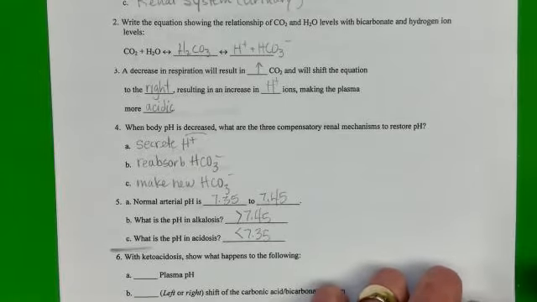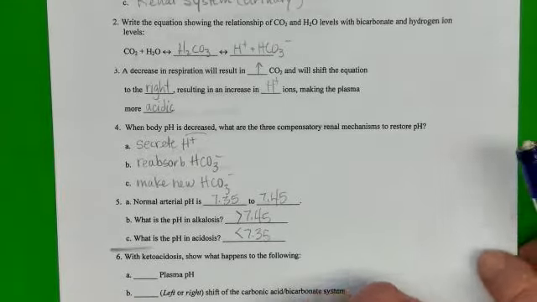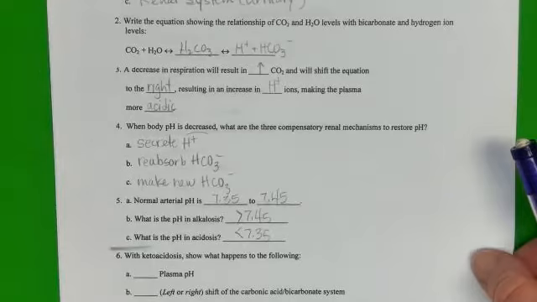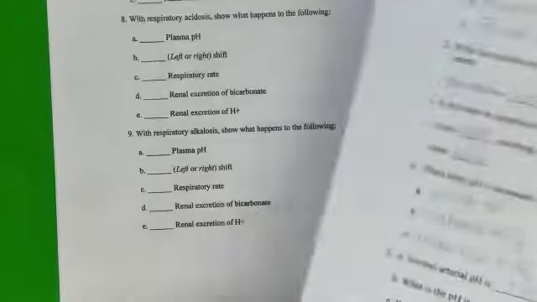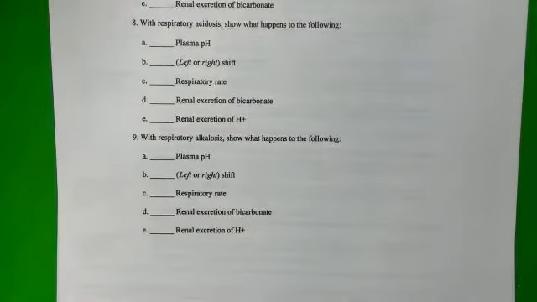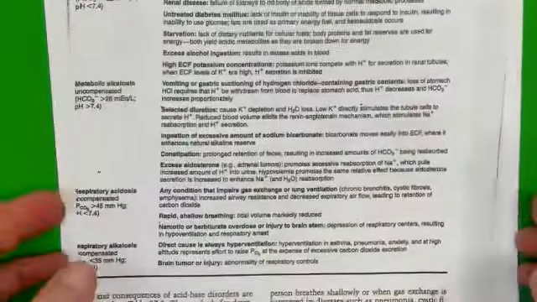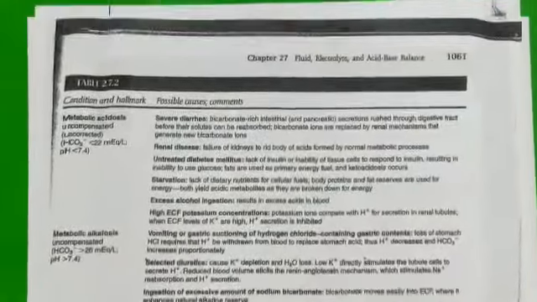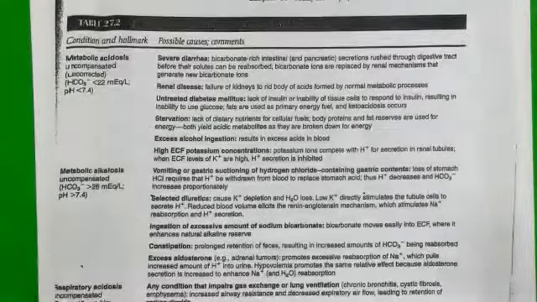But before we get into ABGs, we want to talk about what are some possible homeostatic imbalances that could happen. So I'm just going to get rid of this other page. Okay, so we want to look at this table right here, and I want to look at their characteristics.